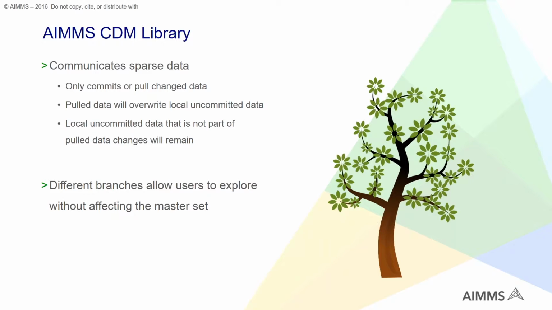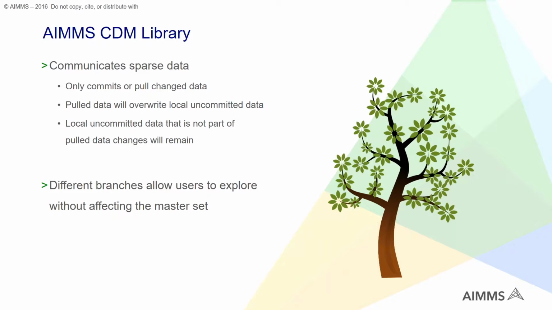To be able to improve the experience while exploring the data, we also included different branches. So meaning that you can create multiple branches in your data set to explore the data, and all of the exploration you do on the different branches is not affecting the master data set.